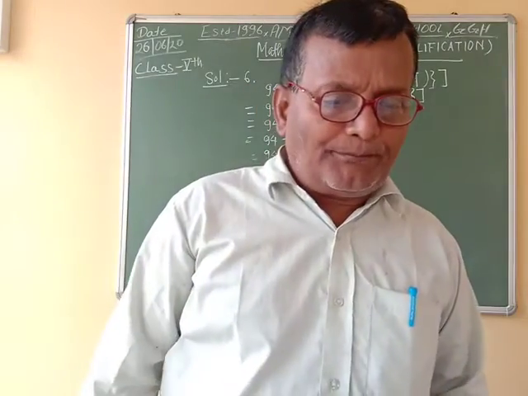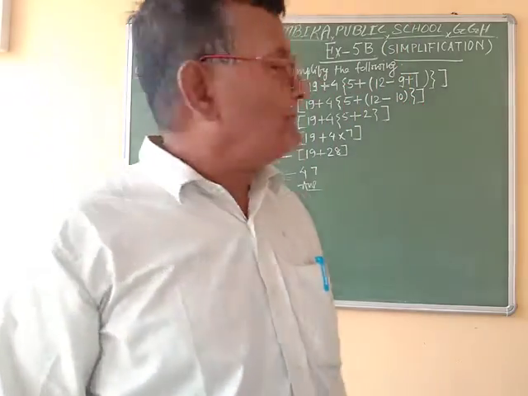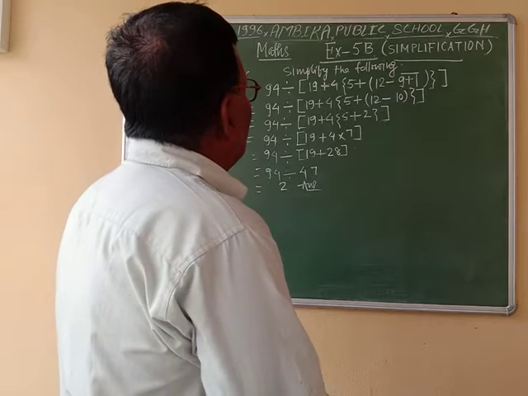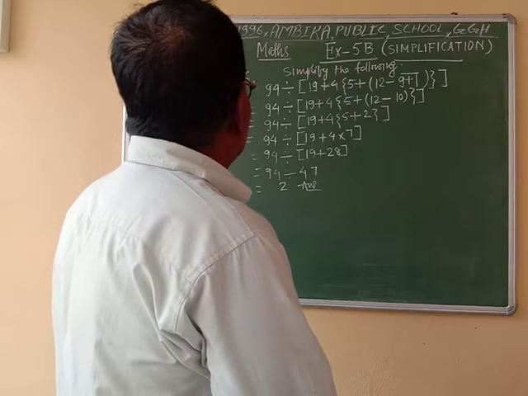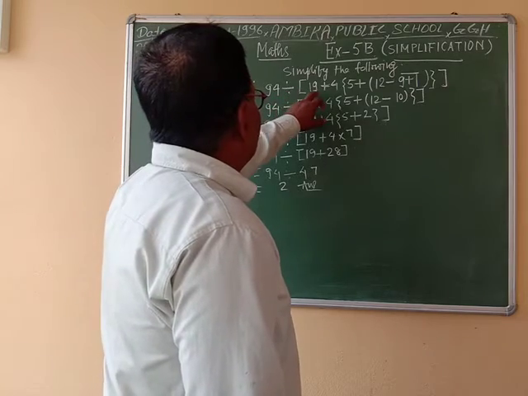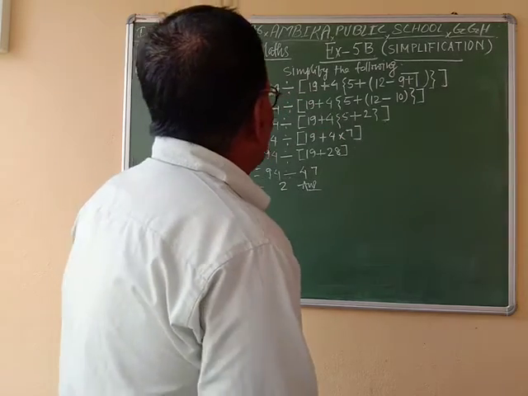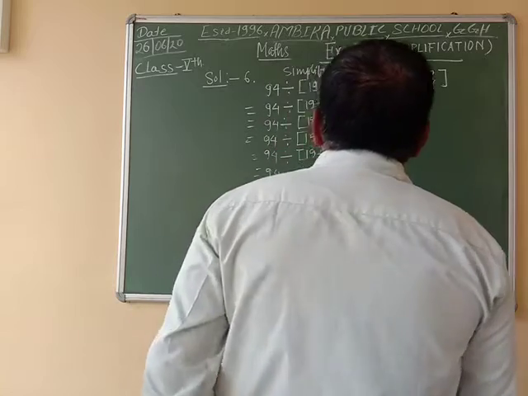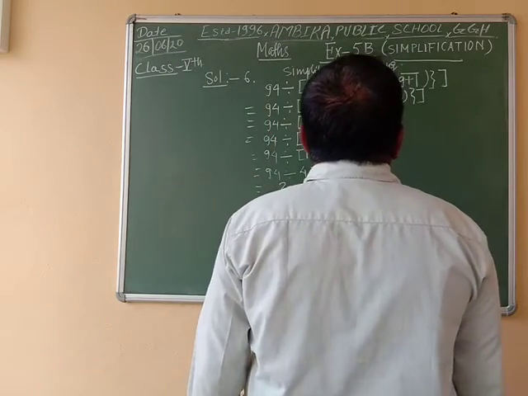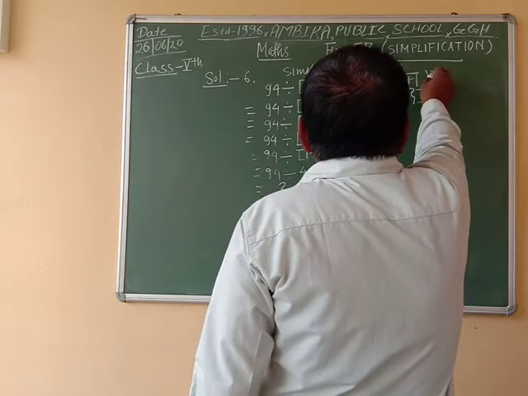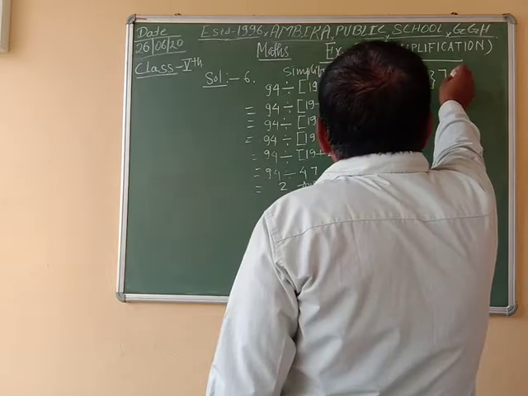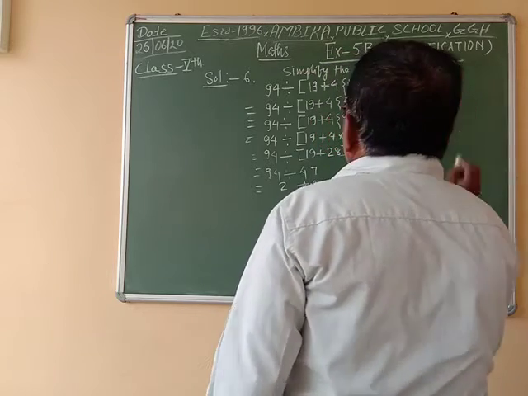To simplify the following numerical expression, 94 divided by big bracket 19 plus 4 curly bracket starts 5 plus 12 minus a small bracket 9 plus 1, small bracket, curly bracket and big bracket closed.